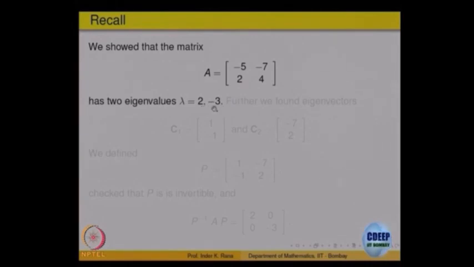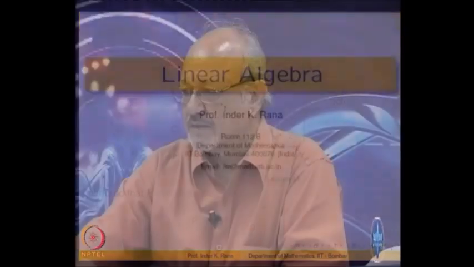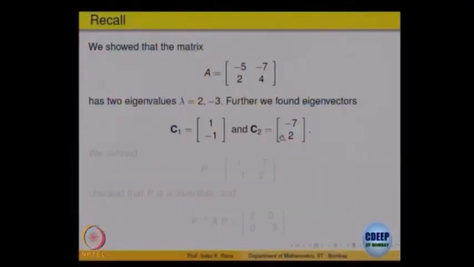For each one of these eigenvalues we found an eigenvector. C1 is the eigenvector for the eigenvalue 2 and C2 is the eigenvector for the eigenvalue minus 3. Finding these eigenvectors is essentially solving a system of linear equations.